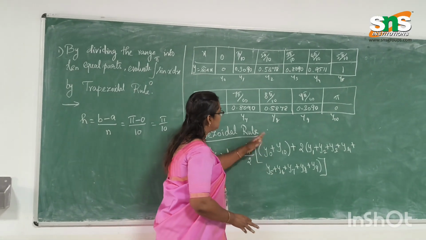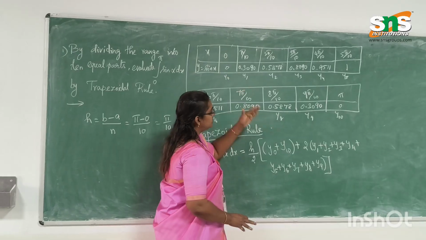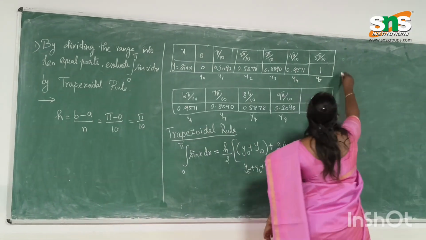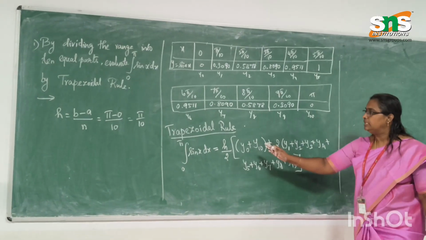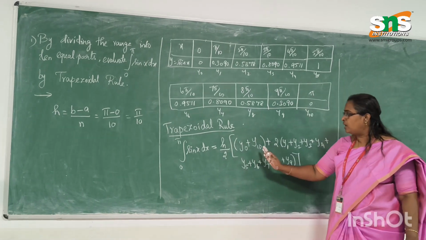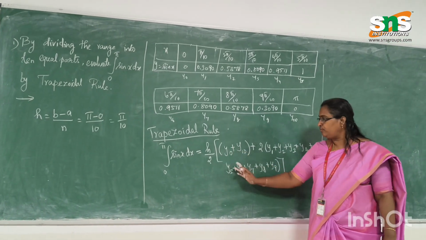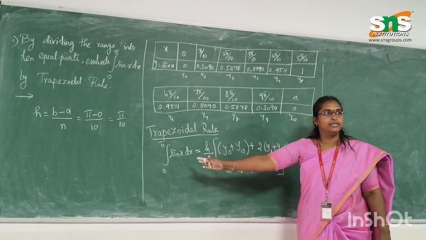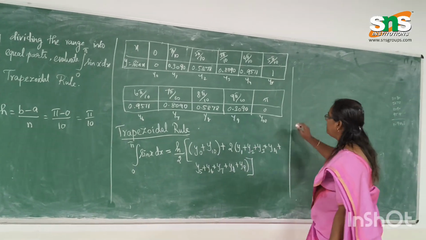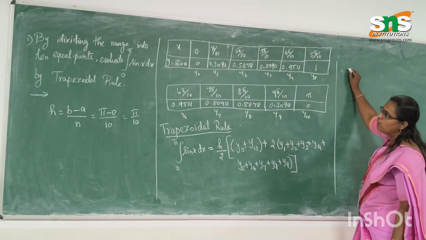We replace all these values here. The integration equivalent formula has only addition, multiplication and division. If we substitute all these values, we easily get the answer for this integration. What is our h value?